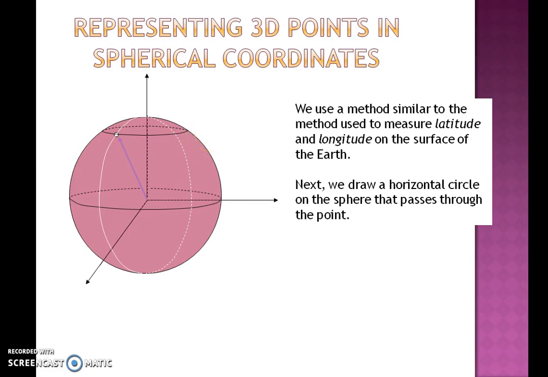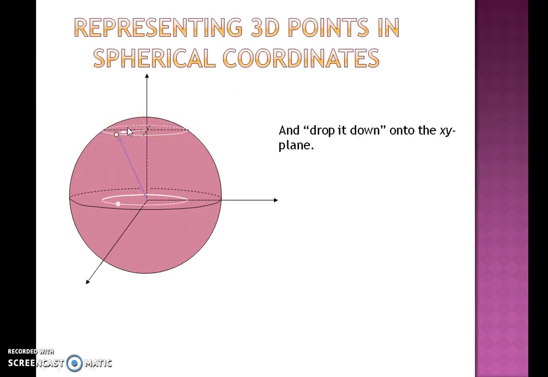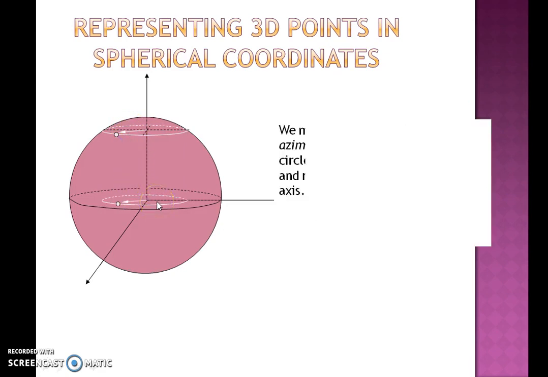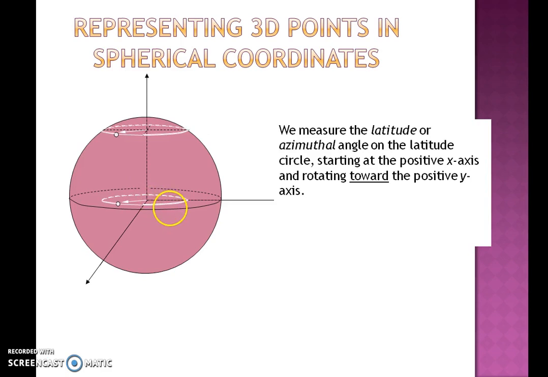Next, we draw a horizontal circle on the sphere that passes through this point, and drop it down onto the xy plane. Thus, we get the azimuth angle on the latitude circle, starting at the positive x-axis and rotating towards the positive y-axis.